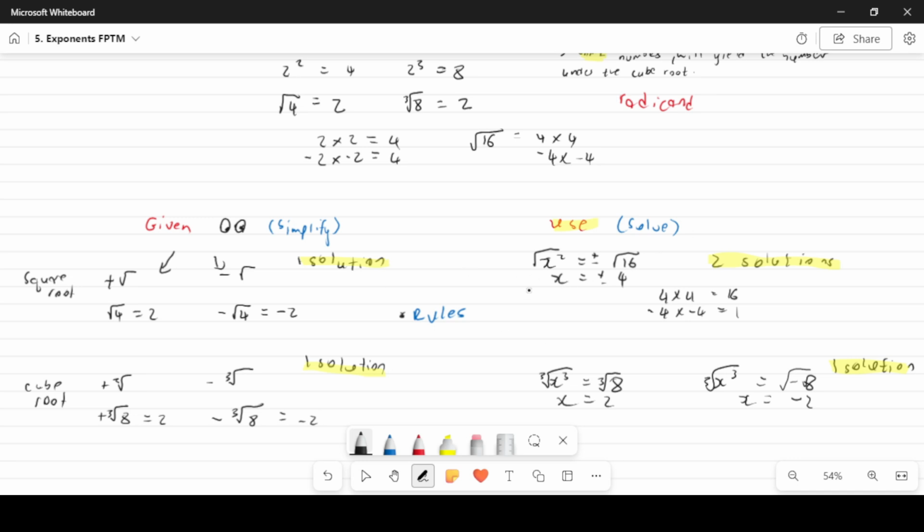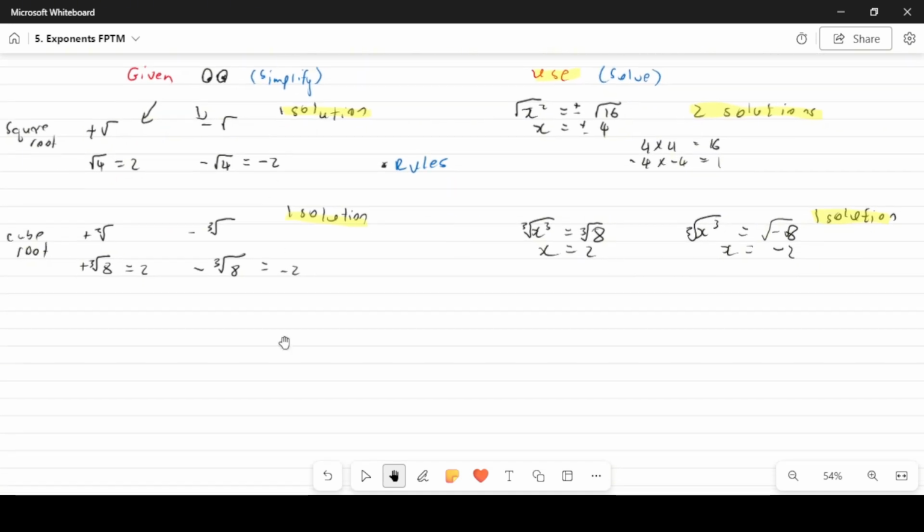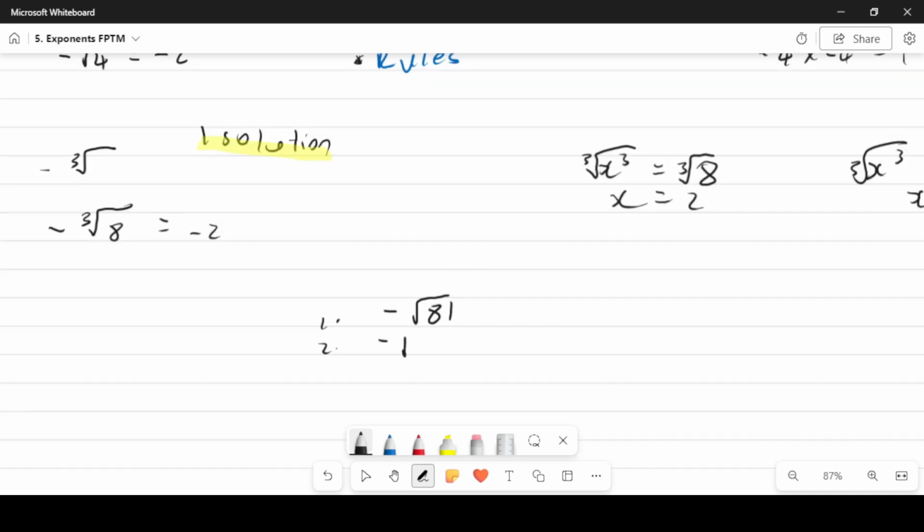Okay? So that's basically this first part here. We have to actually elaborate on these ideas given and using the square root. So let's do a few examples so that I can ensure that you understand the problem. Number 1: let's say we were given minus the square root of 81. Number 2: minus the cube root of minus 27.